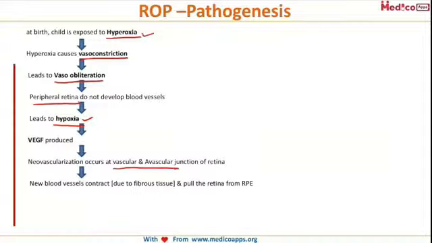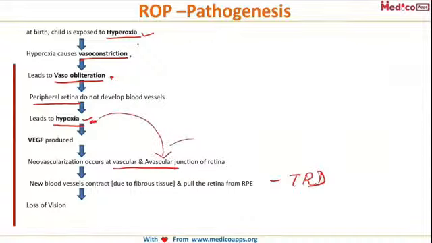They pull the retina away from the retinal pigment epithelium, causing a tractional retinal detachment, finally resulting in loss of vision. Now, is this clear? The hyperoxia causes vasoconstriction and obliteration, which hinders the development of new vessels in the peripheral retina, causing hypoxia, which results in neovascularization and ultimately causes tractional detachment and blindness.